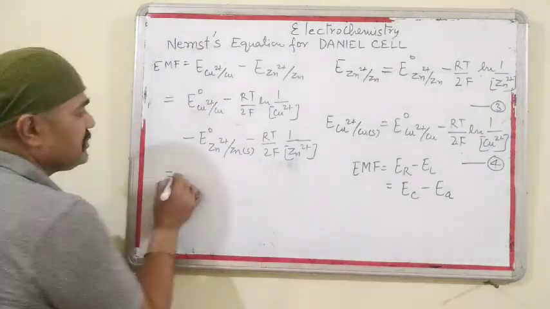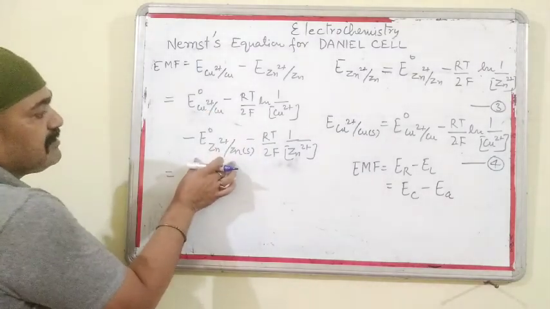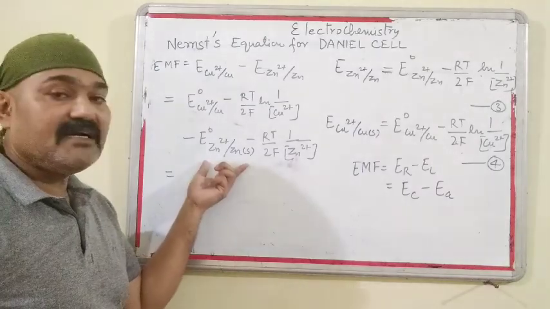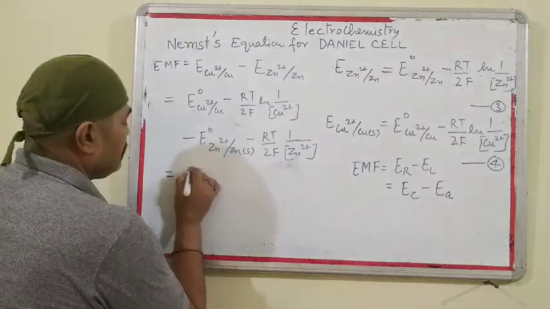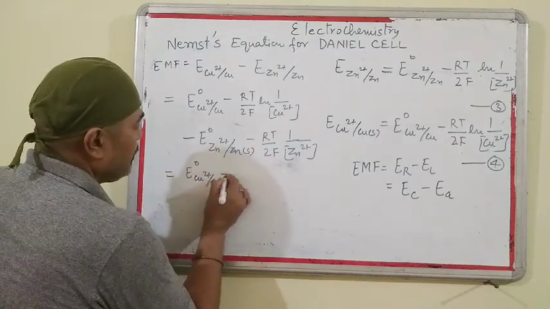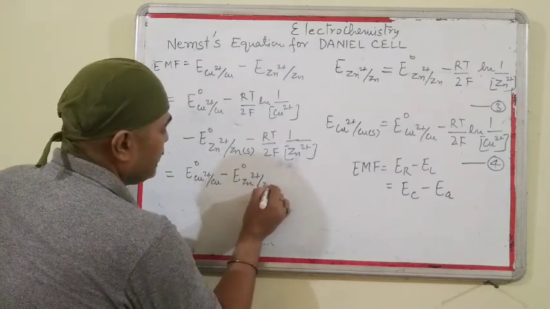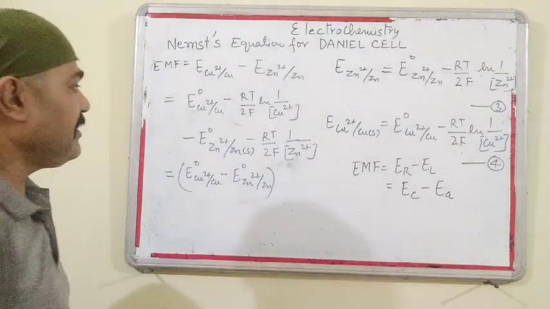The difference of these standard potentials may be written as the standard electrode potential of the Daniell cell, E0(Cu2+/Cu) minus E0(Zn2+/Zn), and I put it in the bracket.